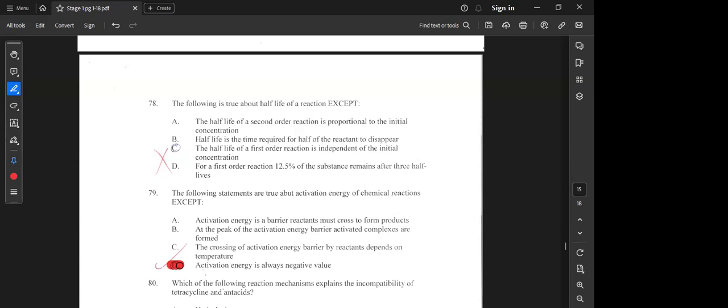I'm trying to think of an example. Just wait a moment. Yes, someone give us an example.